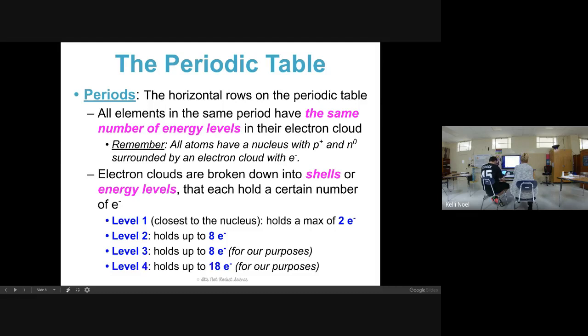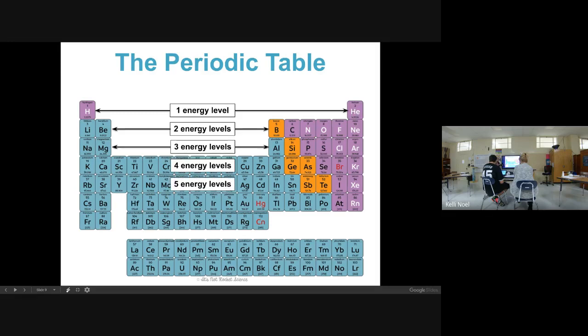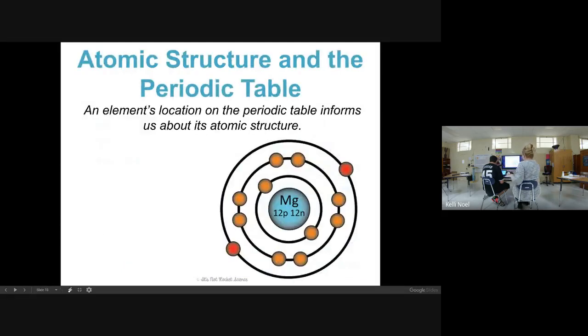And level 4 can hold up to 18, but for our purposes, it's going to hold whatever's left over after we filled up levels 1, 2, and 3. It can actually hold more than 18. We've numbered ours, so you don't have to do anything here. So those are your 7 periods, 7 energy levels.